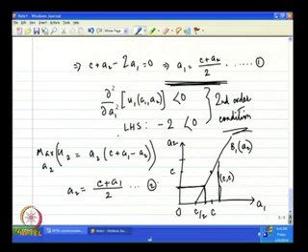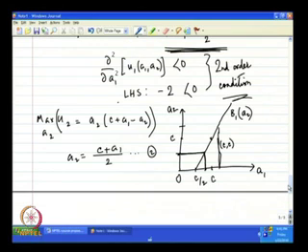This is how it should look, because for player 1 the best response function was A1 is equal to C plus A2 divided by 2. For player 2 it will be A2 equal to C plus A1 divided by 2. Now, if I want to plot this line, how will it look?